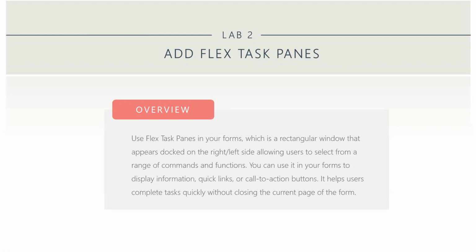So now we're discussing lab 2, which is adding flexible task panes to your forms. The task pane is a rectangular window that appears docked on the right. It can be on the right or left side depending on how you set it in your CSS styling.